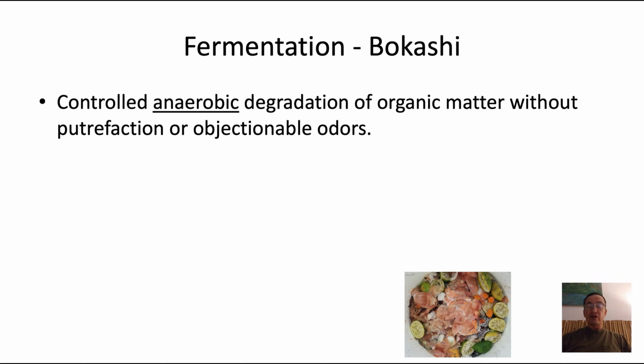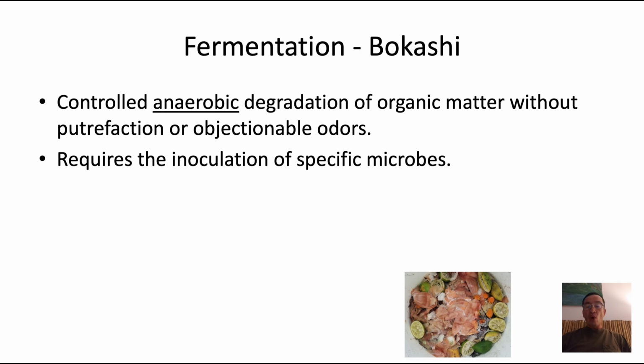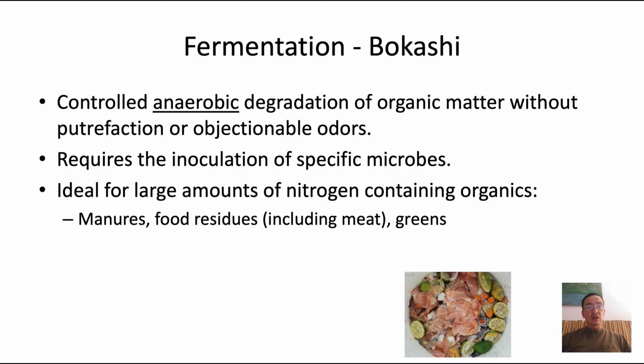It means that you can have the organic matter there that usually contains a lot of nitrogen, and it requires the inoculation of specific microbes. Ideally, for large amounts of nitrogen-containing organics like manures, food residues, including meat, greens, and things like that, that would otherwise just rot.